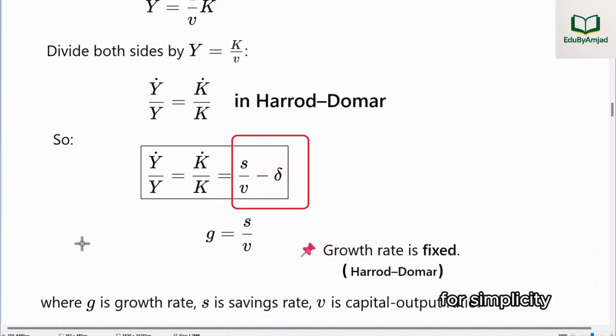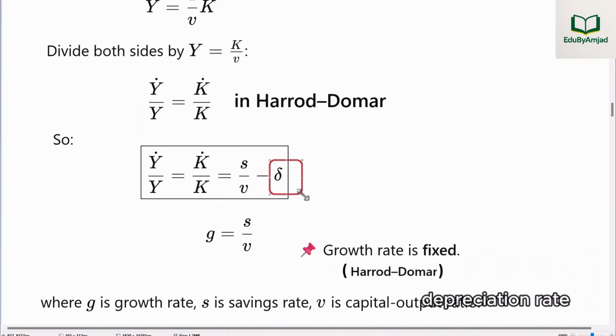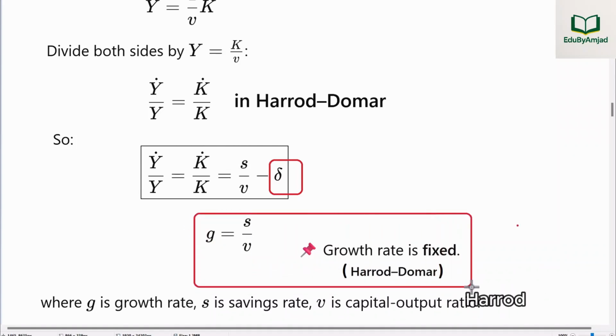For simplicity, Harrod often sets the depreciation rate equal to 0, while Domar sometimes keeps it. As a result, the growth rate in the Harrod-Domar model is conventionally written as the saving rate divided by the capital output ratio.